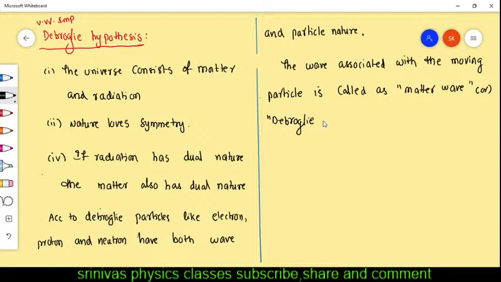When the matter or the particle behaves like a wave, right? If the particle is in motion, if the particle moves, then it behaves like a wave, right?